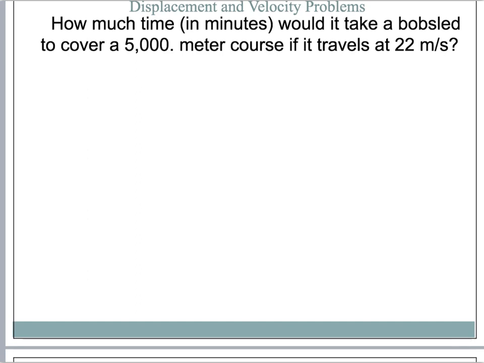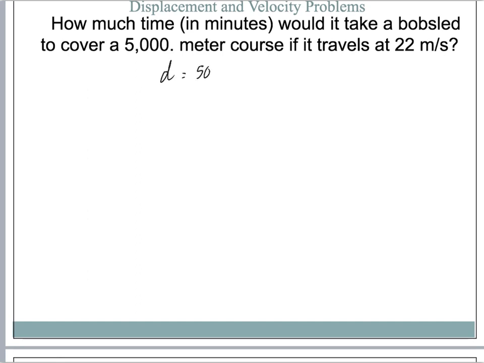All right, our next example: how much time in minutes would it take a bobsled to cover a 5,000 meter course if it travels at 22 meters per second? We're given the distance.